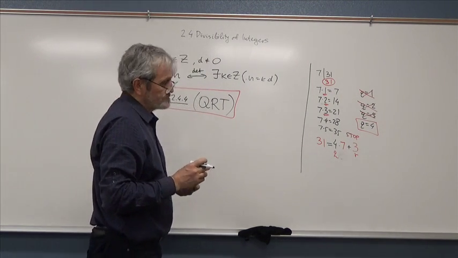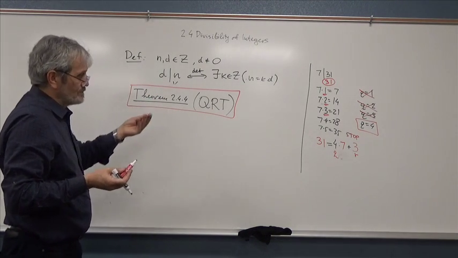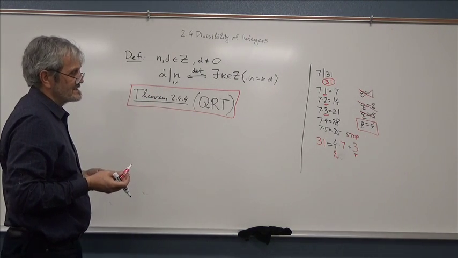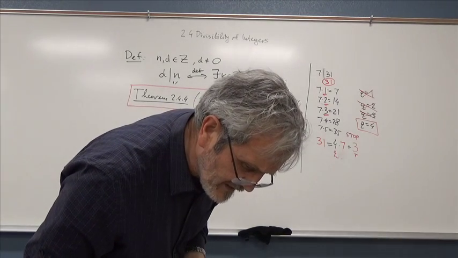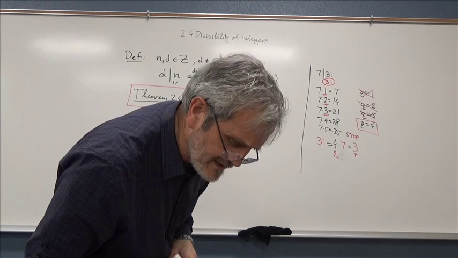All right. So basically, that's exactly what the quotient remainder theorem says. The labels are n and d.